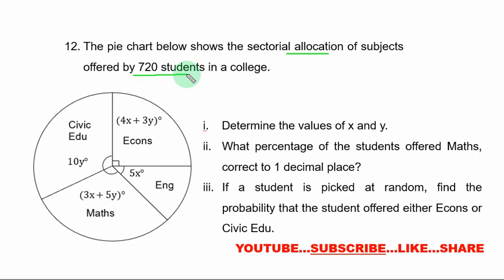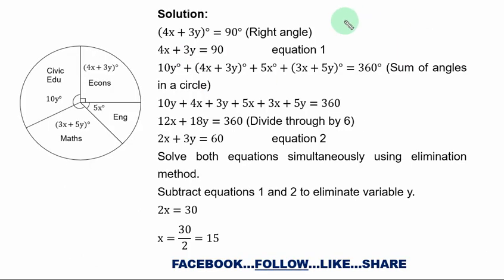What percentage of the students offered maths, correct to 1 decimal place? Roman figure 3. If a student is picked at random, find the probability that the student offers either economics or civic education. Solution.